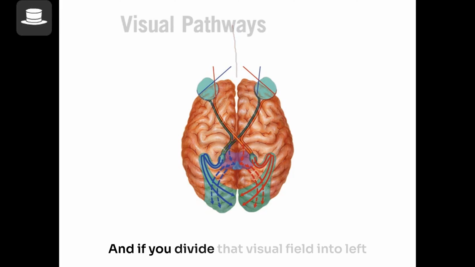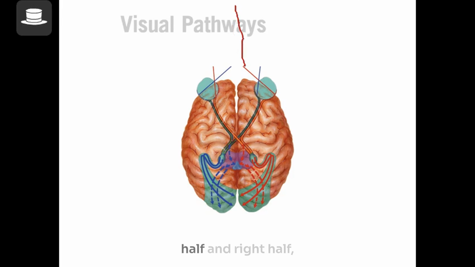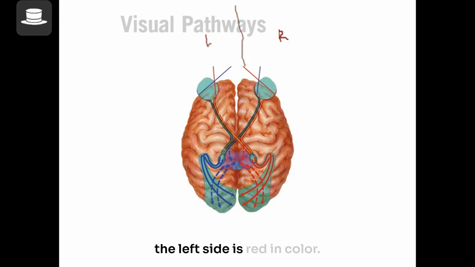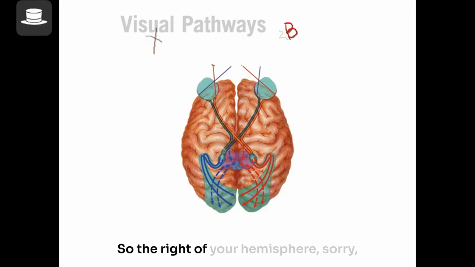Let's divide that visual field into a left half and a right half, and assume the left side is red in color and the right side is blue in color.